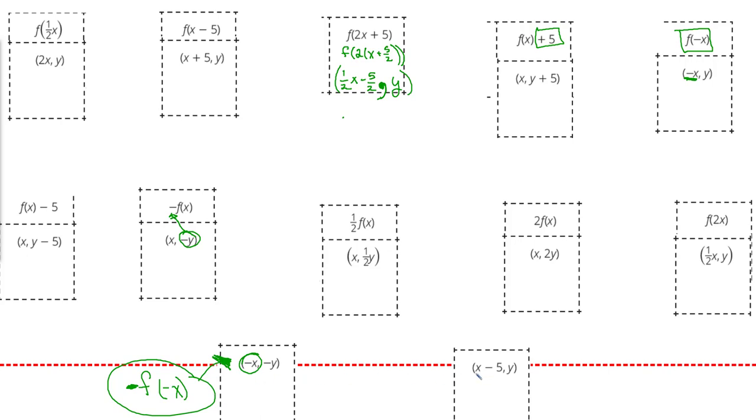So if I want it to become X minus 5, would I need the operation to happen inside the parentheses or outside the parentheses? Let's find examples. Inside. And so X plus 5 was created whenever we had X minus 5 inside the parentheses. So how do you think I'm going to create the X minus 5?